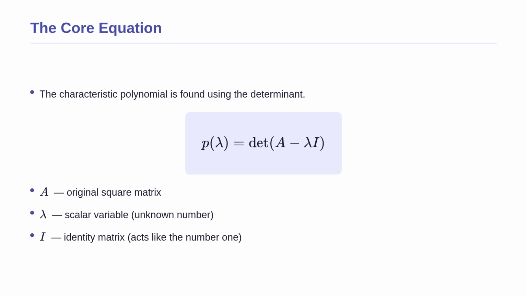The symbol I stands for the identity matrix, which acts like the number 1 in matrix math, ensuring our dimensions match up. The theorem states that if you replace the unknown number lambda with the entire matrix A, the result is exactly the zero matrix. Let us see what happens when we change these variables. If the matrix A grows larger or more complex, this fundamental rule remains completely unbreakable.